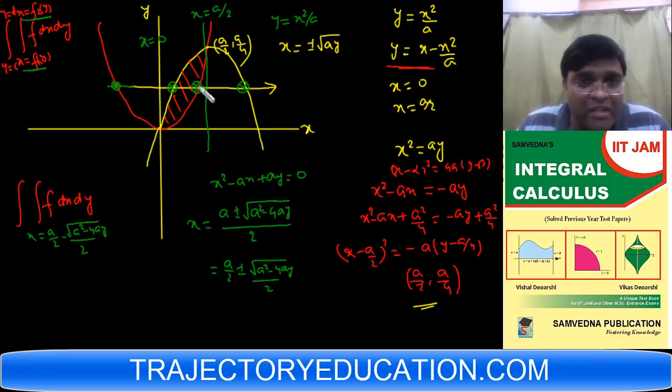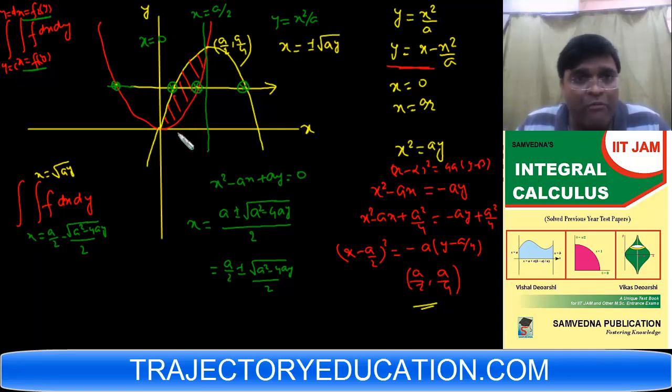Why two values? Because this arrow intersects this curve over here and over here. So this is x equal to minus root ay and this is x equal to plus root ay. I'll put x equals plus root ay, because this point lies on the right of the y-axis.